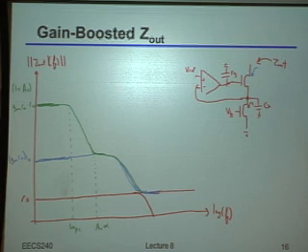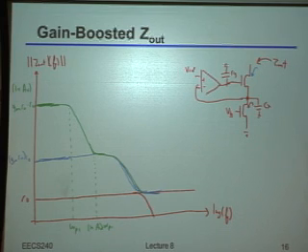Okay, so that's just AV times omega p1, because basically the ratio between those. You might be right, there might be a 1 plus there, but don't worry too much about that particular one. That's basically at the gain bandwidth of that amplifier. Okay? Does this make sense to everybody? Because that's really the point at which the gain dropped off sufficiently that now you're just doing whatever the open loop of the cascode was.